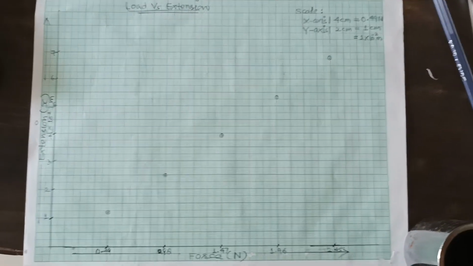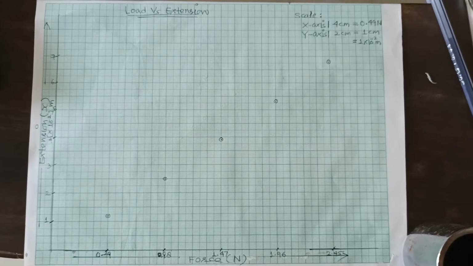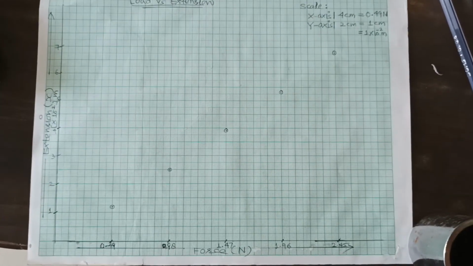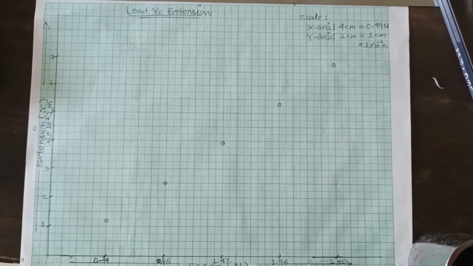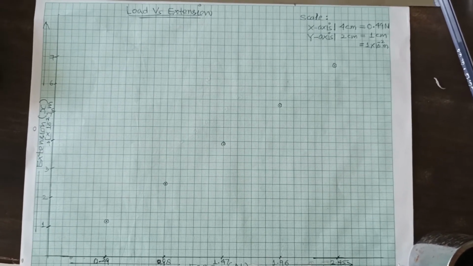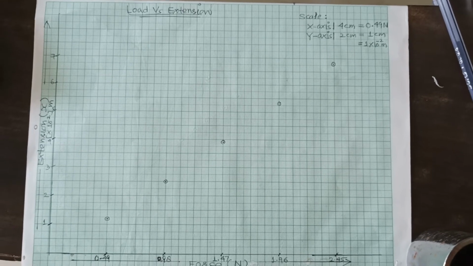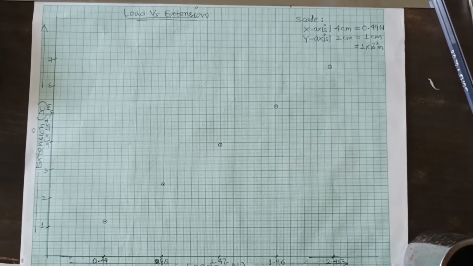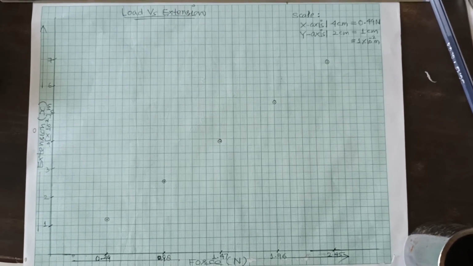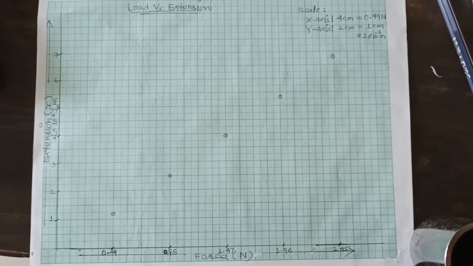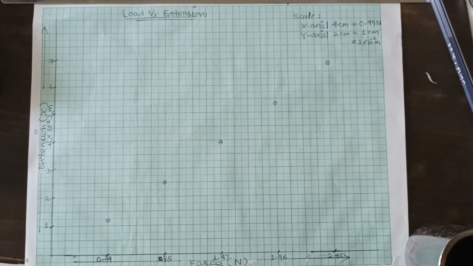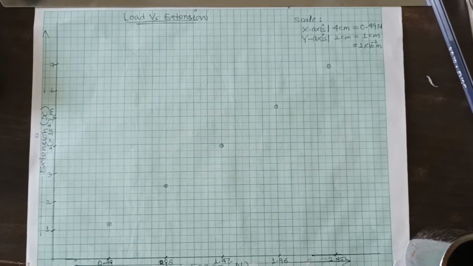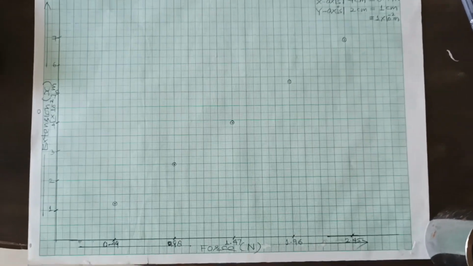You can see that the points plotted on the graph are approximately in a straight line, but we have to find a best fit line for this graph. This line need not pass through all points, but it should represent all the points. Some points may lie above the best fit line and some other points may lie below it, but the line must pass through the origin.